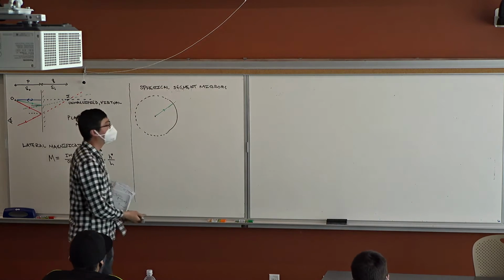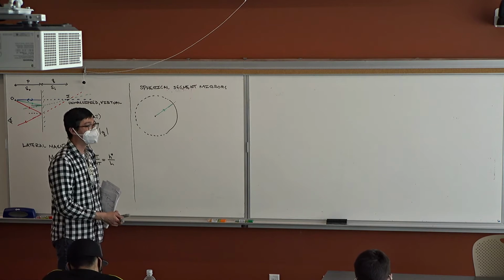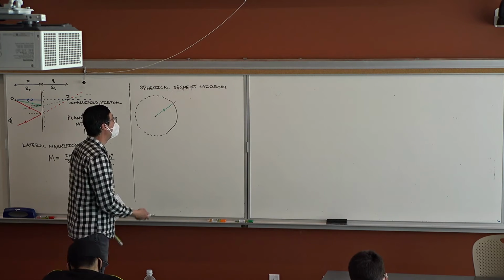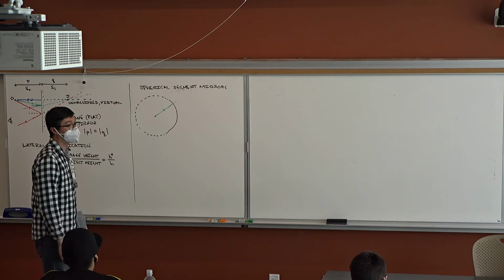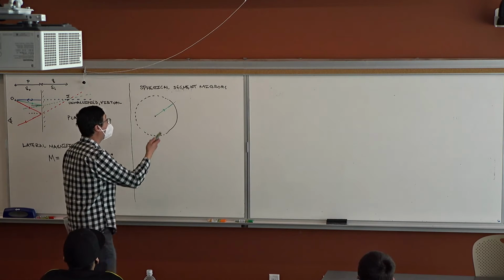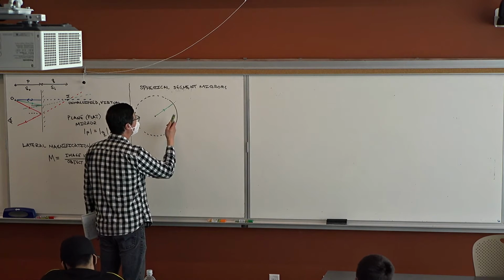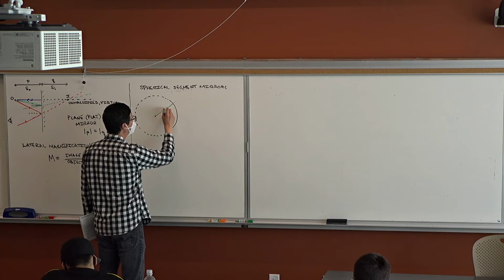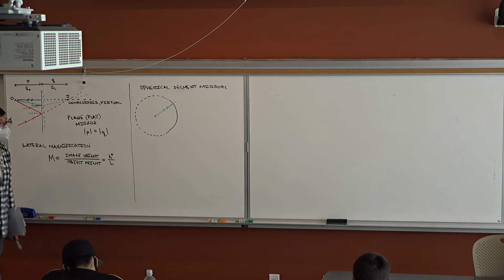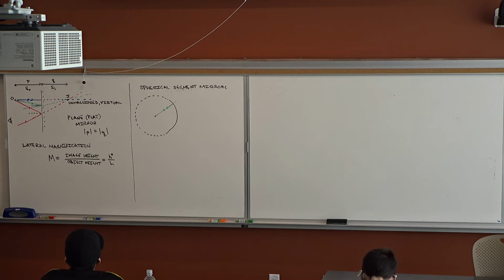Does that seem reasonable? Better. So then what happens? Does it not go straight back? It goes straight back. Why? Because there's no angle between the normal and the incident rays.